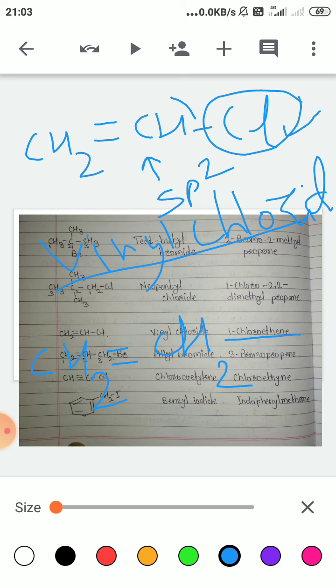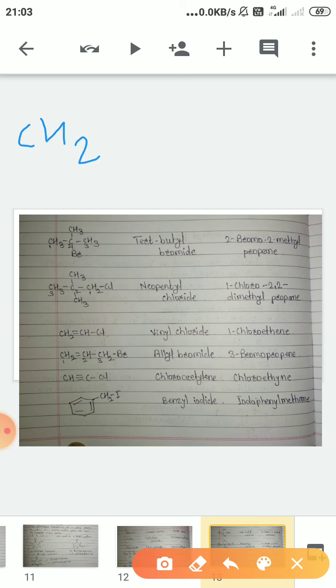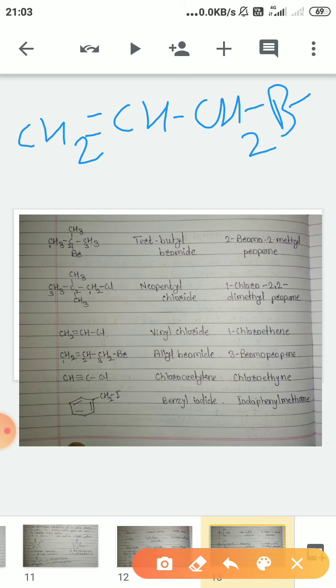Now see the next. The next one is CH2 double bond CH2Br. Which halogen is there? Bromine.